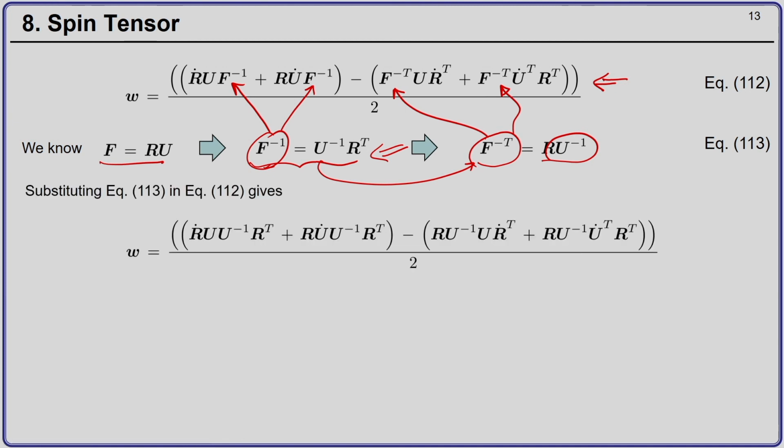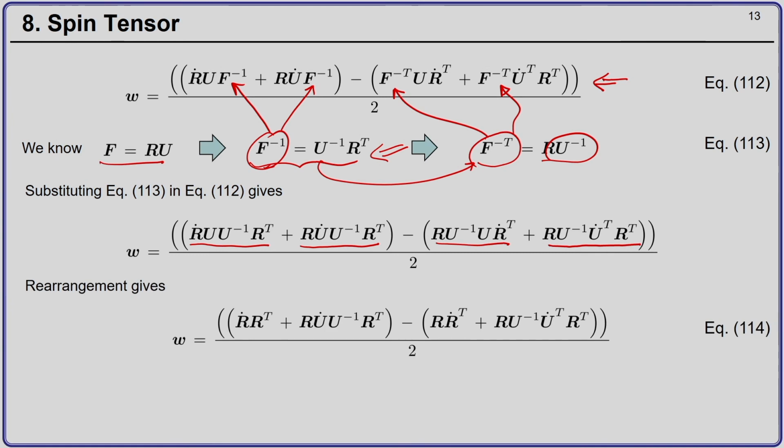If I do this, I will get R dot U U inverse R transpose plus R U dot U inverse R transpose as the first term, and R U inverse U R dot transpose plus R U inverse U dot transpose R transpose as the second term. Looks like a very big expression right now, but I can rearrange.